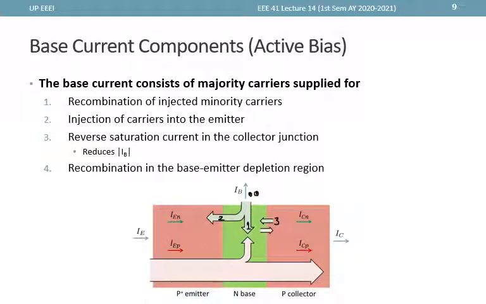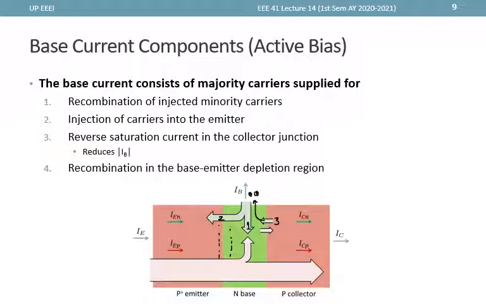So this electron flow can be imagined to be going out of the base. Now there is a fourth component that is not explicitly shown in this figure, which is the recombination in the base emitter depletion region.